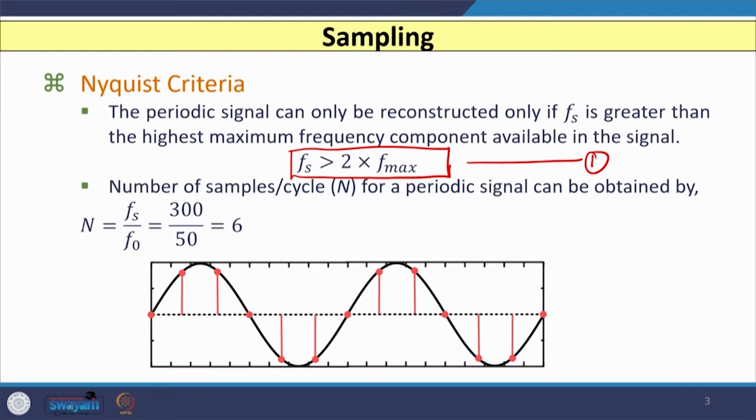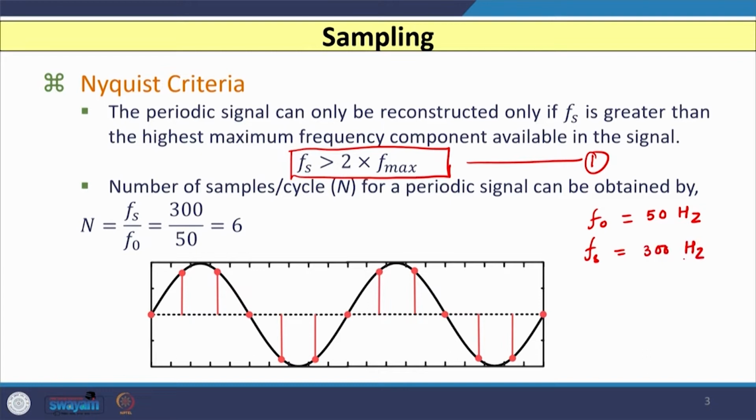Let us say we have a signal whose fundamental frequency F0 is 50 hertz, and the sampling frequency at which we sample the signal, Fs, is 300 hertz.